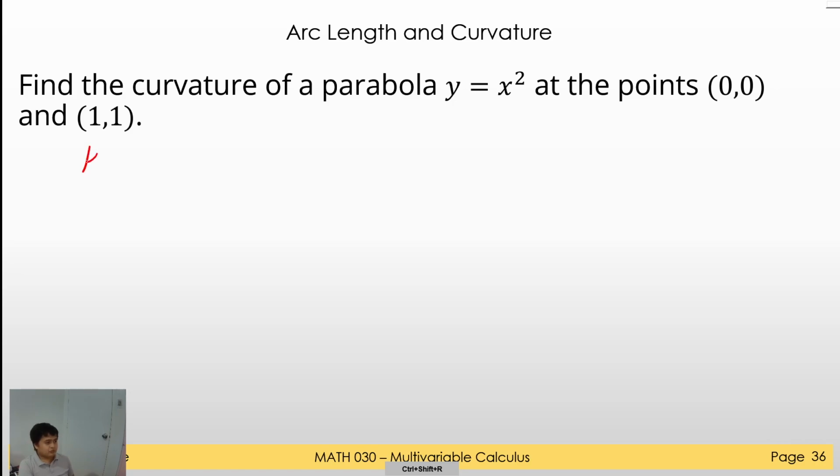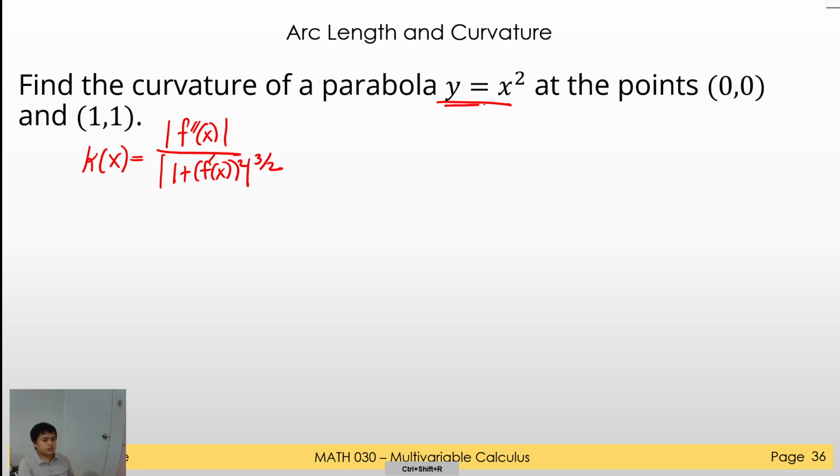So again, the formula of the curvature for two dimensions: kappa of x is equal to the absolute value of f double prime of x, and then over 1 plus f prime of x squared, and then raised to 3 halves.